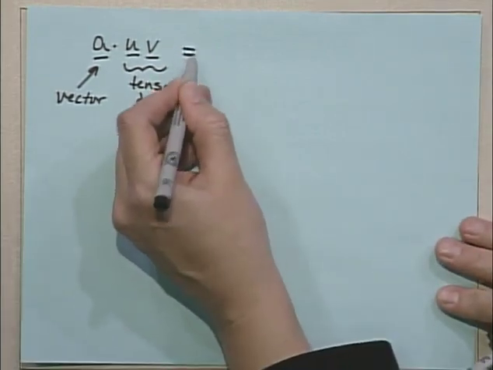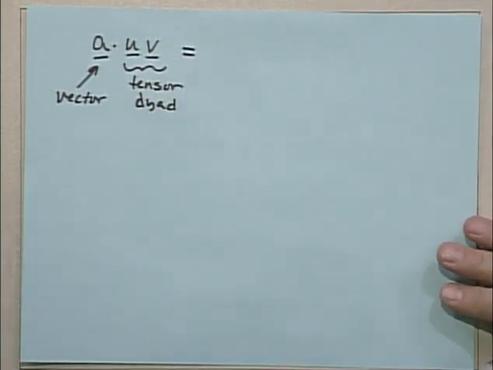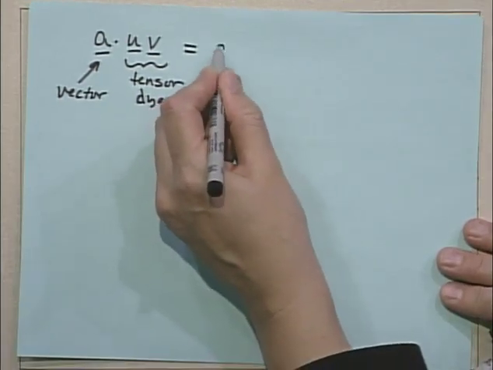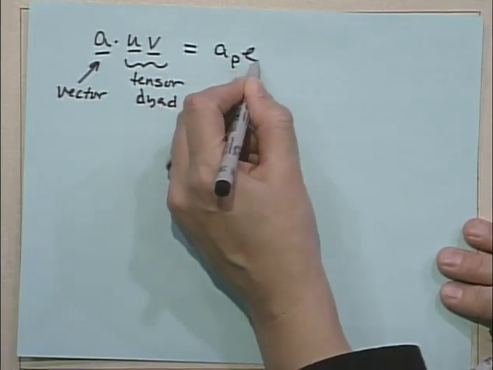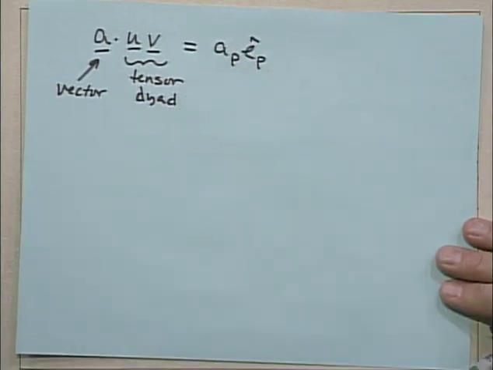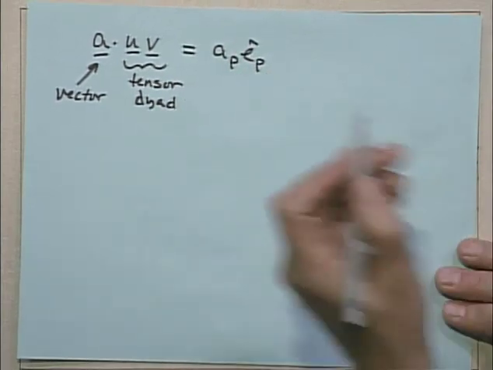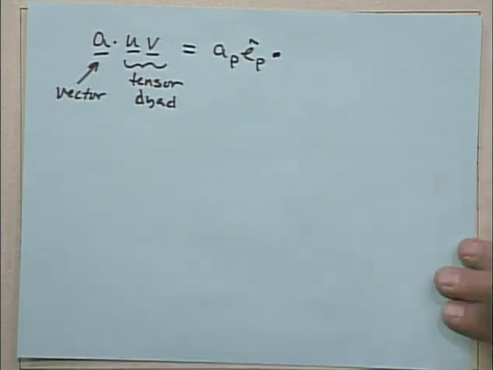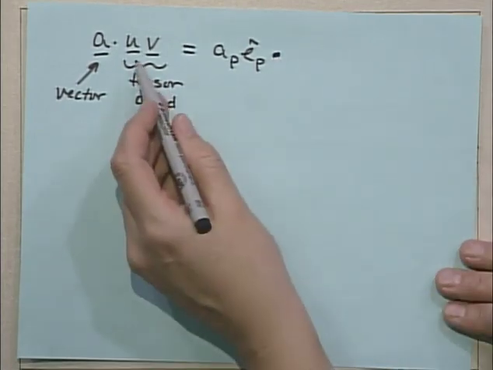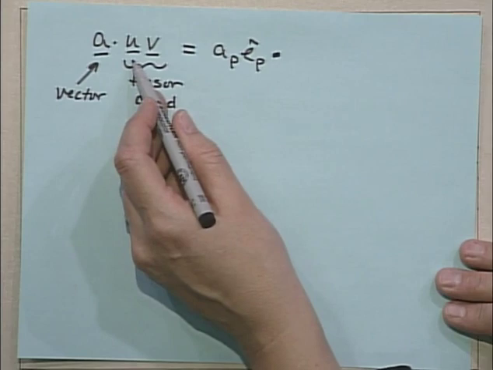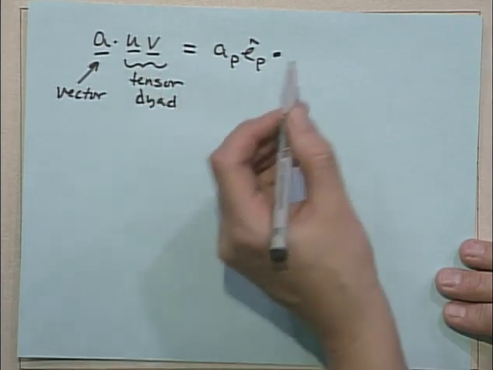So we're going to write it in Einstein notation. And to write a vector in Einstein notation, we just write A_P E_P. Okay, that's the summation P equals 1 to 3 of A_P E_P, and we're not writing the sum. We write the dot product. And then the next thing to write is a vector, which comes out exactly the same. Okay?